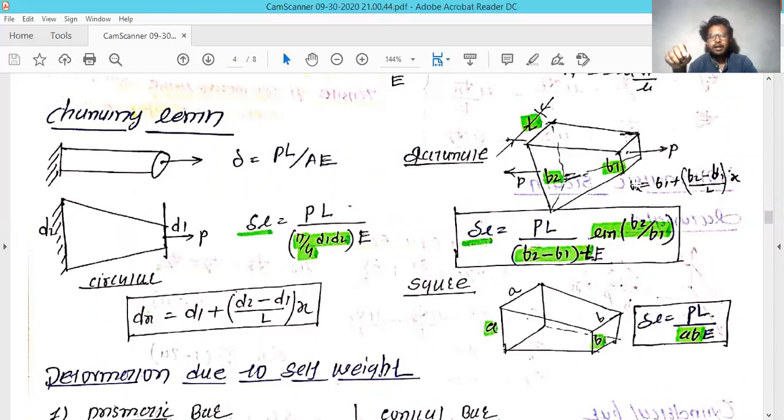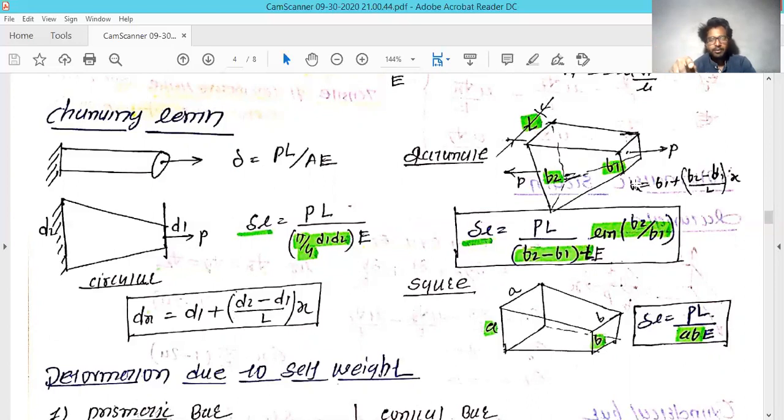The strain you have to write in the form of change in length divided by original length. If you multiply with the original length on the other side, the formula will become PL divided by AE. This formula is very important, and on the basis of this formula you can write the formula for the different cross sections.